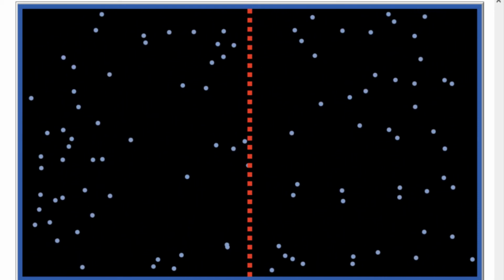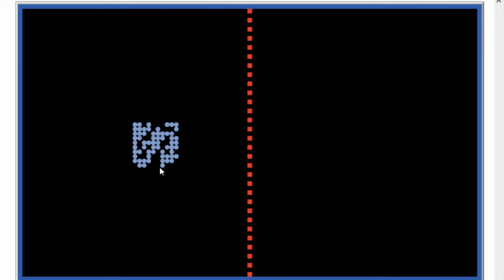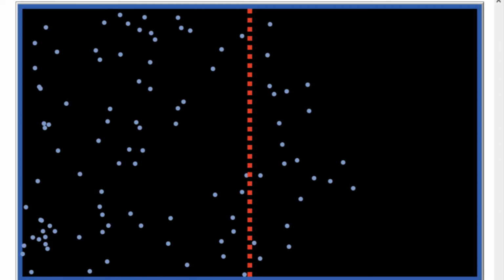And if we run it again, see now they're concentrated on one side and nothing on the other side. And so again, the molecules are only moving at random. There's no other forces in effect here. And as they move at random, if I stop it here, you see there's still a higher concentration. There's more on the left than on the right.